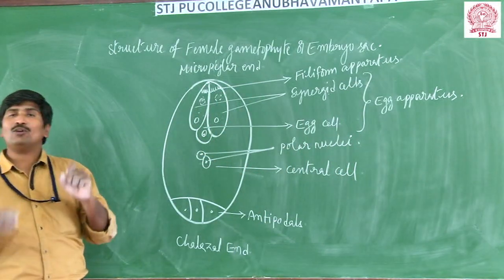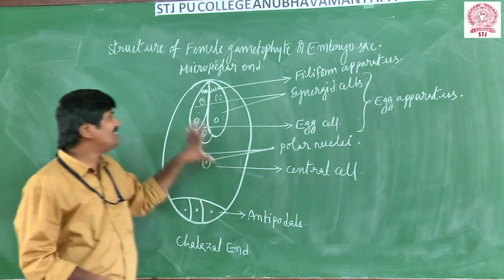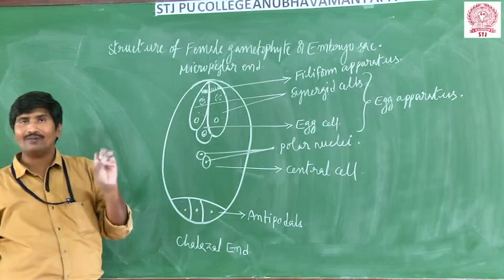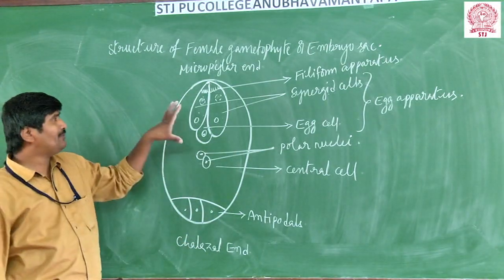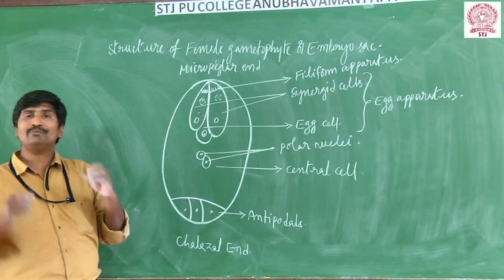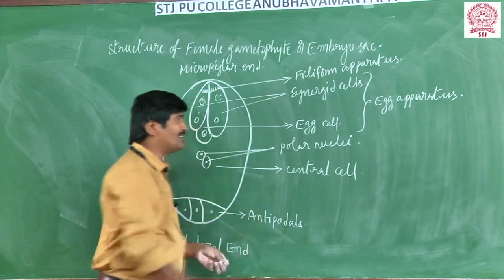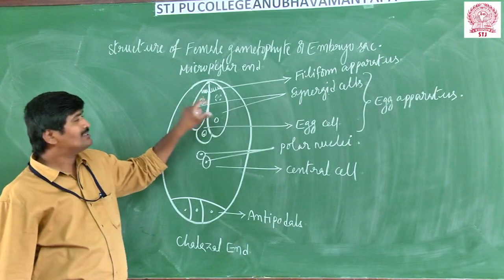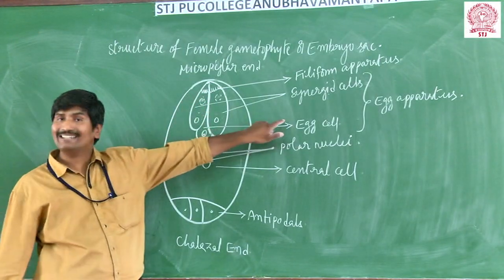The central cell is one of the biggest cells in the structure of the female gametophyte. It is very important: in the female gametophyte, which cell is the biggest? That is the central cell. What about in the egg apparatus? The biggest cell is the egg cell.